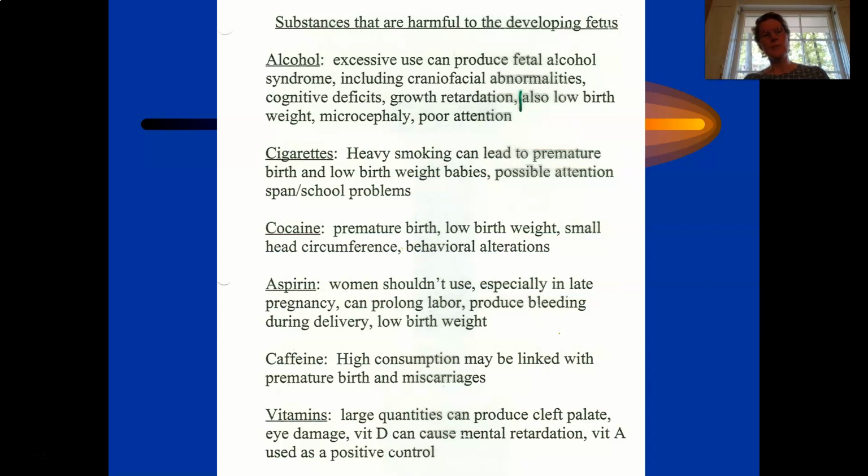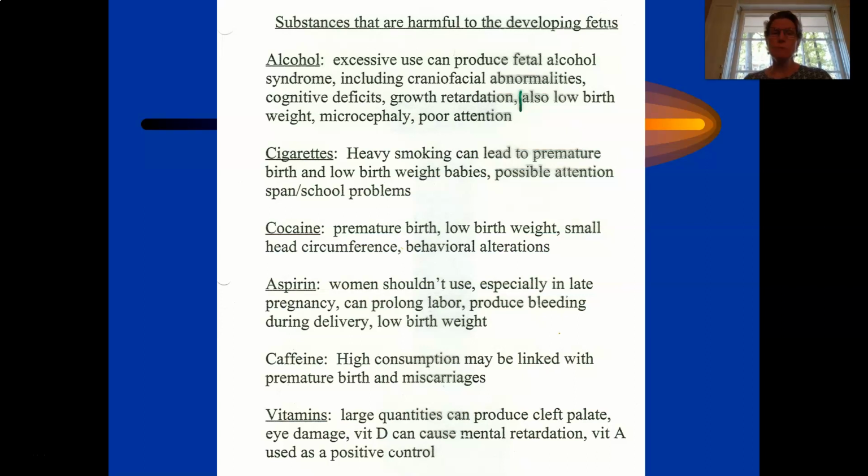So children of women who drink a lot of alcohol during pregnancy can have fetal alcohol syndrome, and that has certain characteristics, but the main ones are some abnormalities in kind of the face and head shape, some cognitive deficits, so they literally are not as able to do kind of mental calculations.